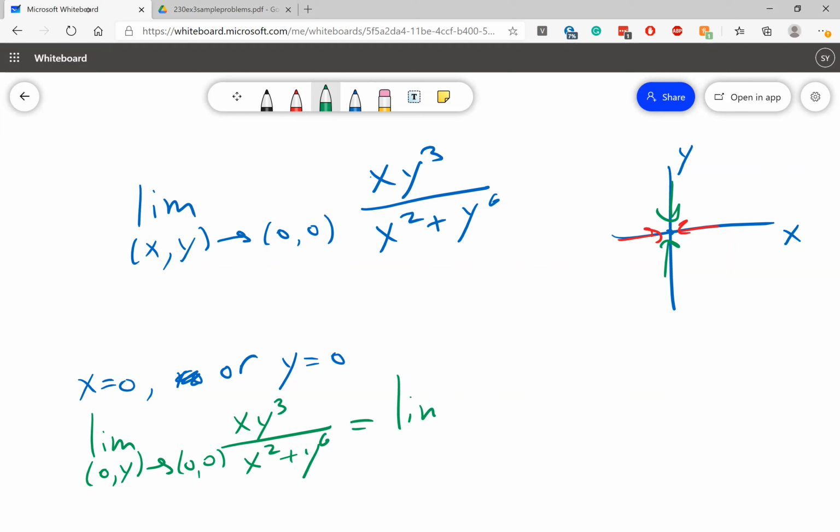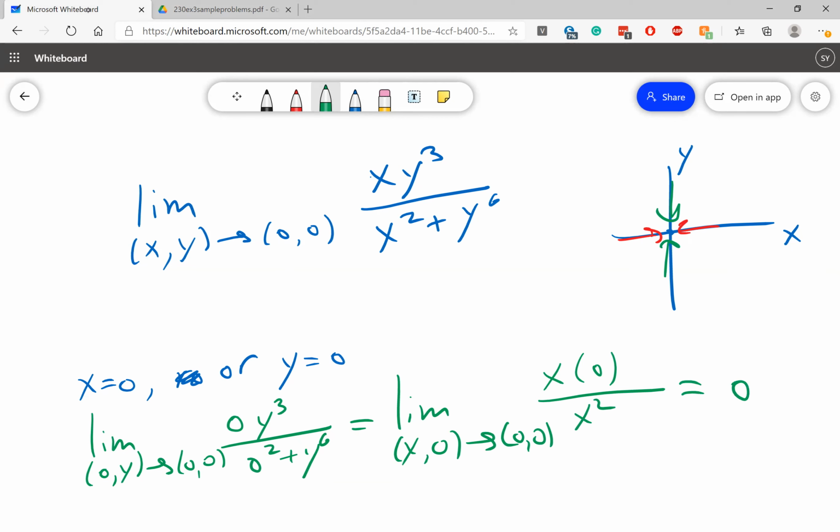Just putting 0 here, here, and here, just to see what we're doing: limit as x goes to 0 of x times 0 over x squared, and this of course would be 0. So if the limit exists, it will be 0.